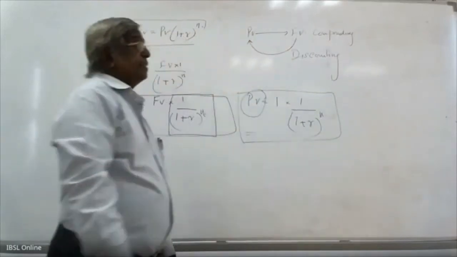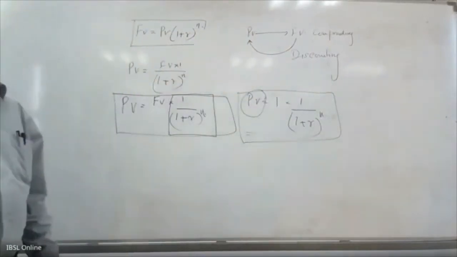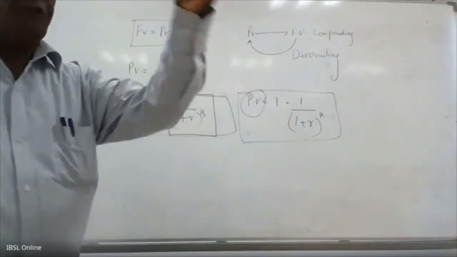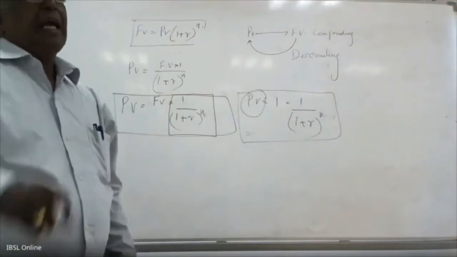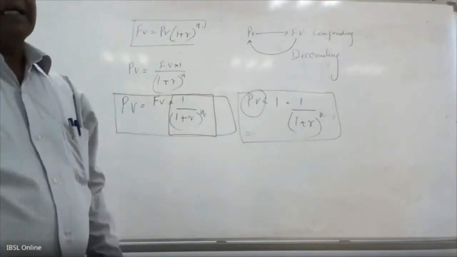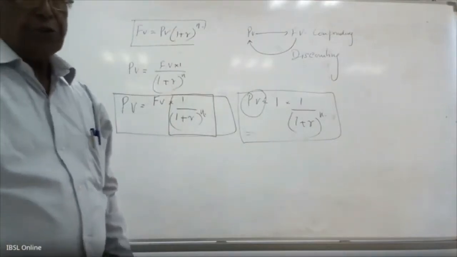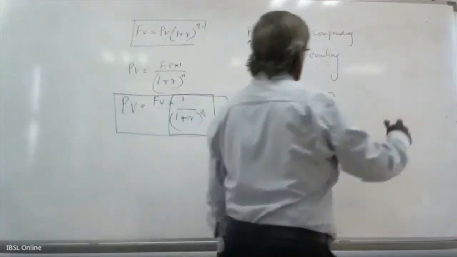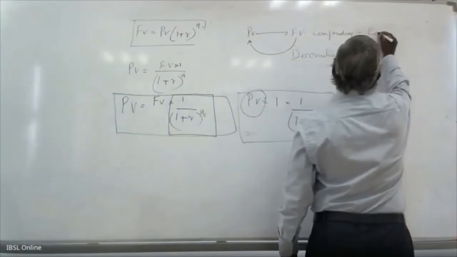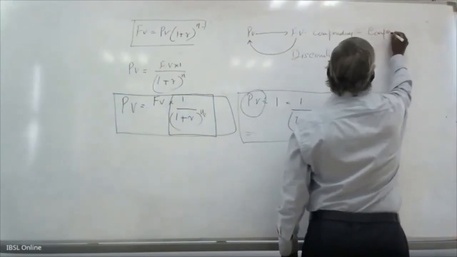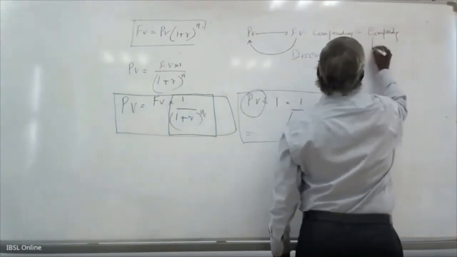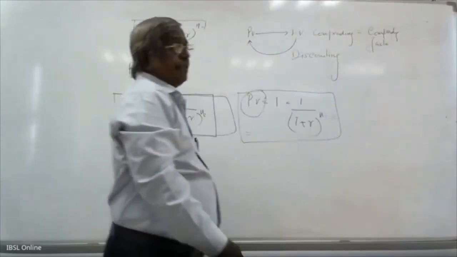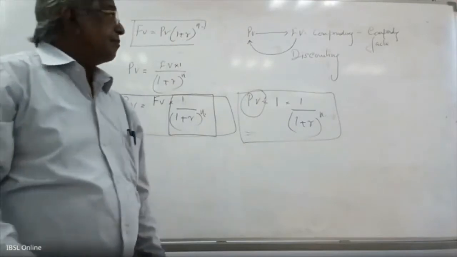Now two words, compounding and discounting. Compounding is converting present value into future value and discounting is converting future value into present value. In compounding, we have learned there is a compounding factor. I explained the meaning of the compounding factor and the compounding table.